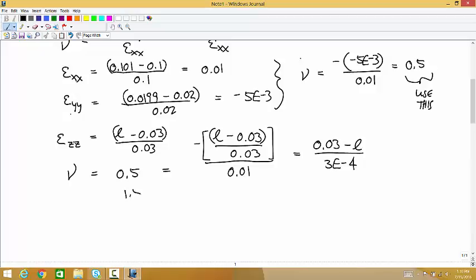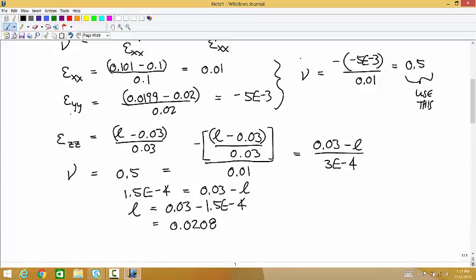So 1.5 times 10 to the minus 4 is equal to 0.03 minus L. And so for L you'll get 0.03 minus 1.5 times 10 to the minus 4th. So I guess that's 0.029985.